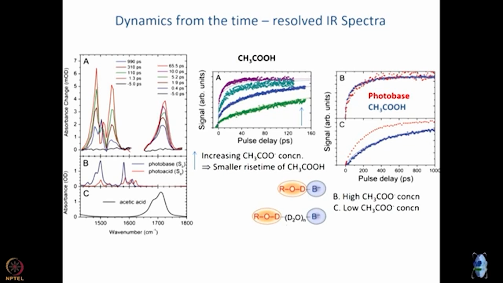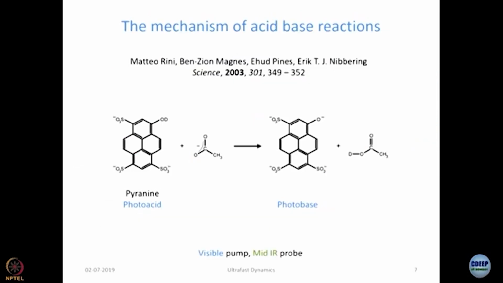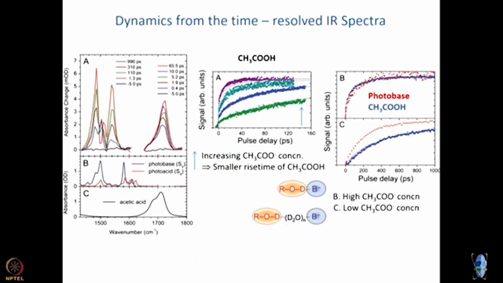So, in this example, when the proton goes out, what will happen? This OH stretch is going to go down with time, and then this acetate OH will come up with time. That is the experiment that is done, and once again we will come back and discuss this experiment in more detail later on, but in a nutshell this is the kind of data you get.